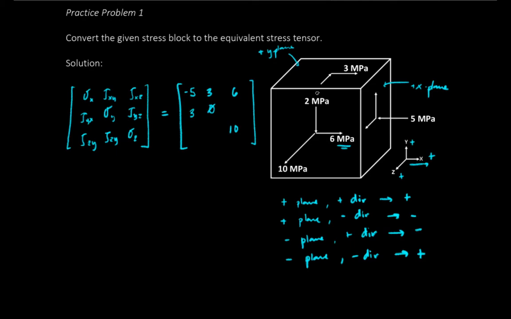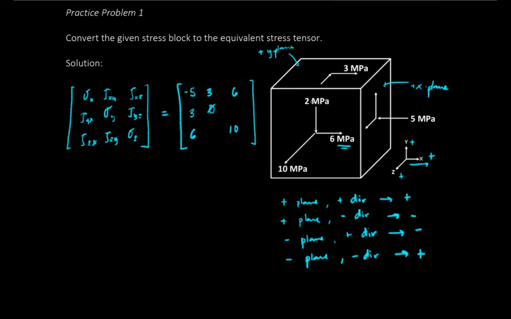Okay, so let's look at the last shear stress value, and let me just fill this out now, because again, tau xz is just equal to tau zx. I'm sorry, this is supposed to be tau zx now.